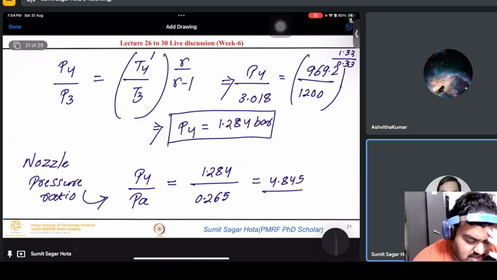Then they will ask whether the nozzle will choke, the nozzle is not going to choke, none of the above, or both.